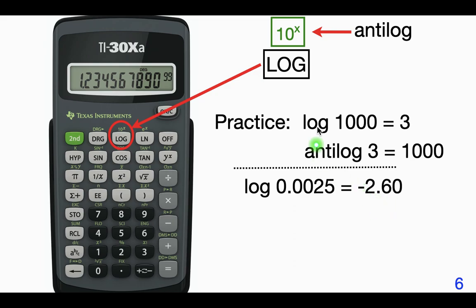Okay, now if we were to hit the anti-log of negative 2.60, we should get the number that we started with. So practice that a little bit. You want to be able to put in any number, hit the logarithm key, and then hit the second function, anti-log, and it should give you back the number that you started with.